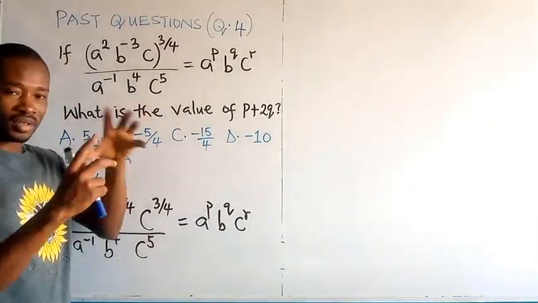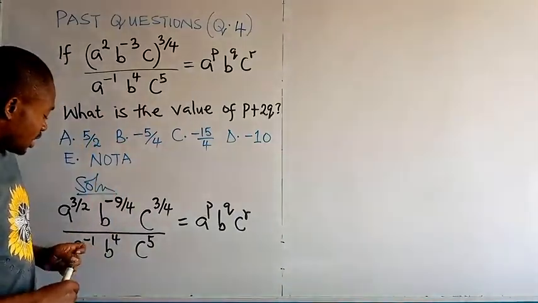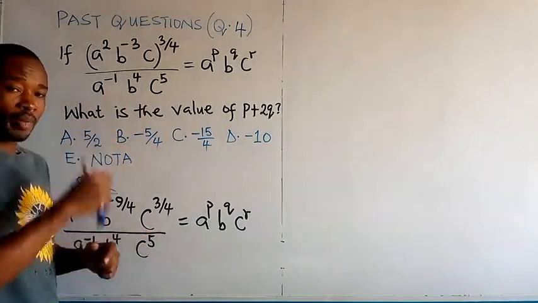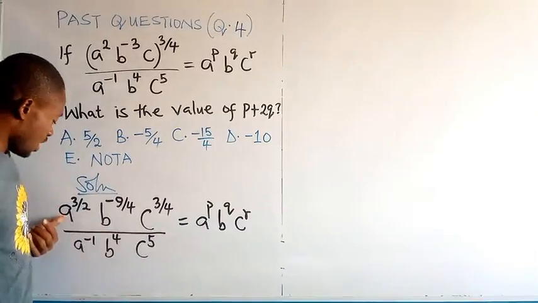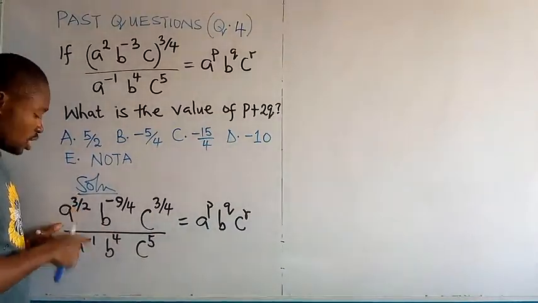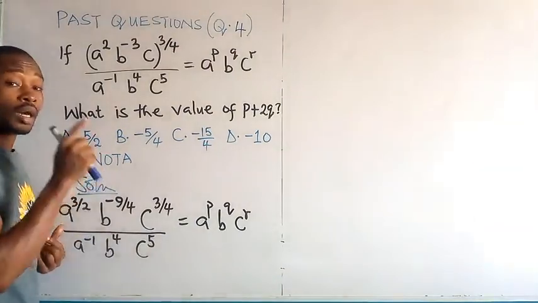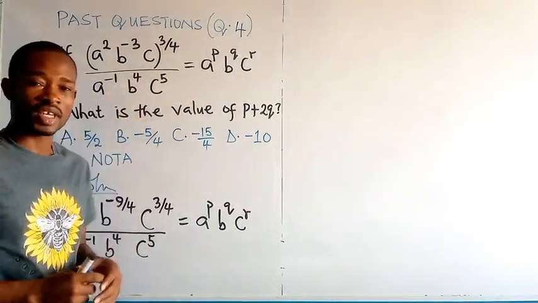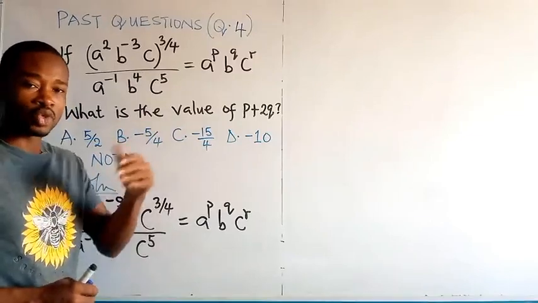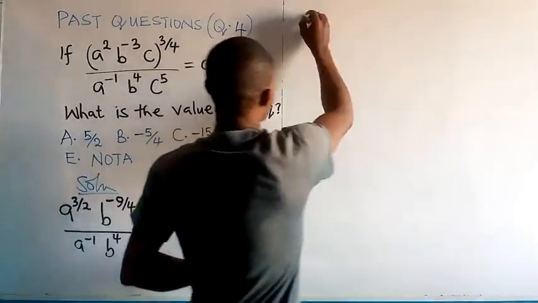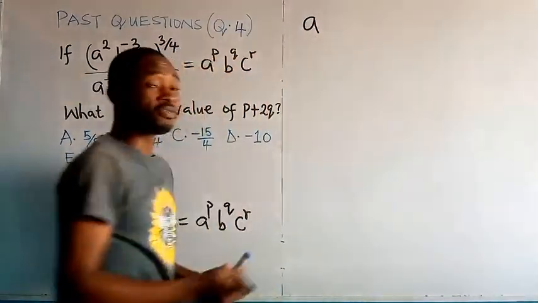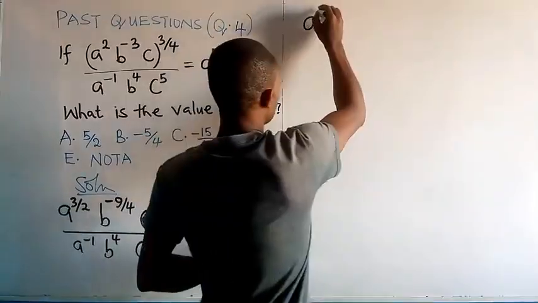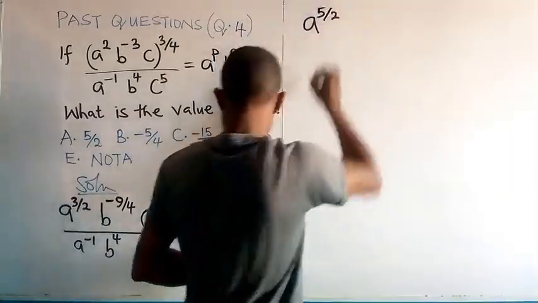Taking the powers of the denominators up and simplifying, we get a to the power of 3 over 2, and this minus 1 will climb to become plus 1. So you are adding 3 over 2 plus 1, and this power of a is going to be 5 over 2.